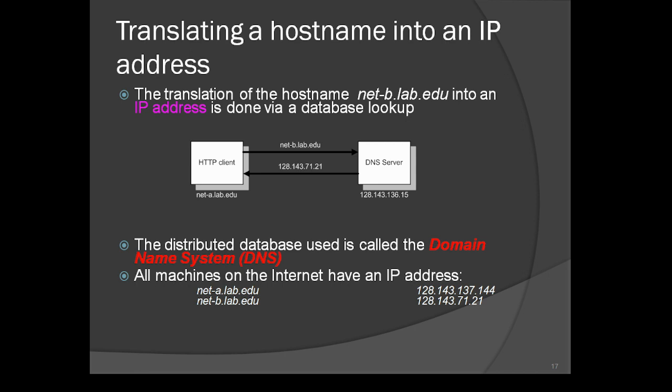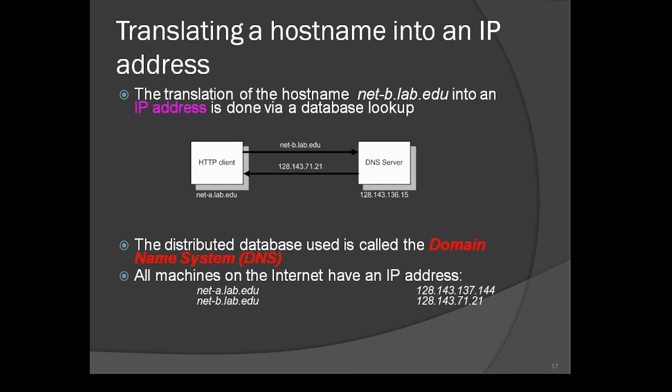The DNS IP is a DNS server which is located anywhere on the internet, and it holds a list of different domain names with corresponding IP addresses. In this diagram, the HTTP client looks at the DNS server 128.143.136.15, just like Google DNS, 8.8.8.8. It is a server which holds different IP addresses with corresponding domain names.